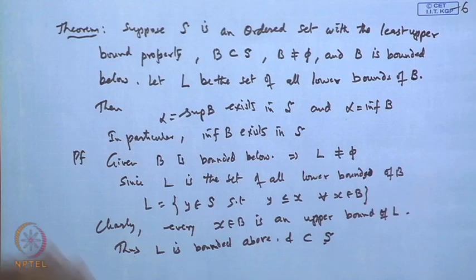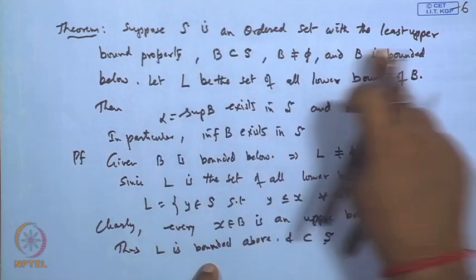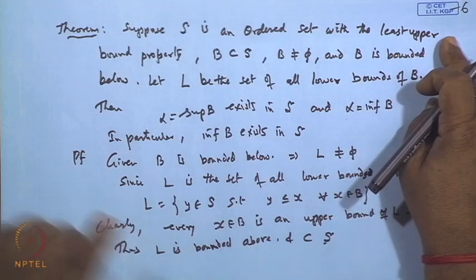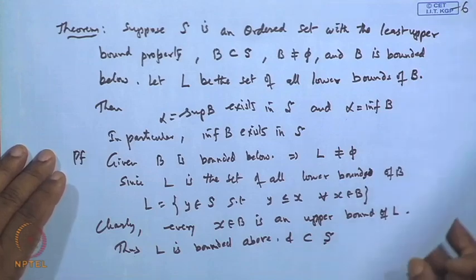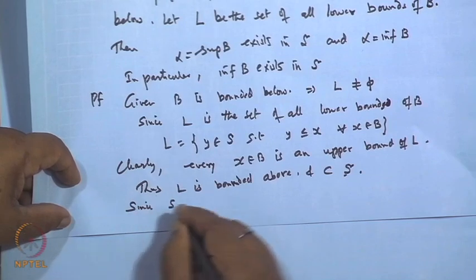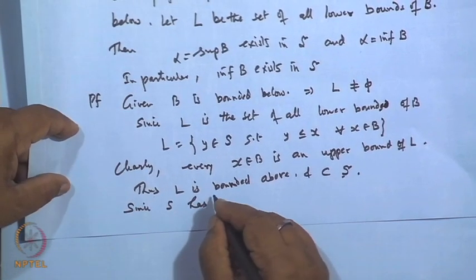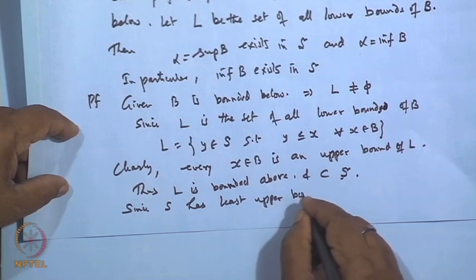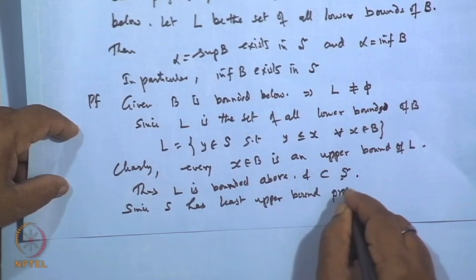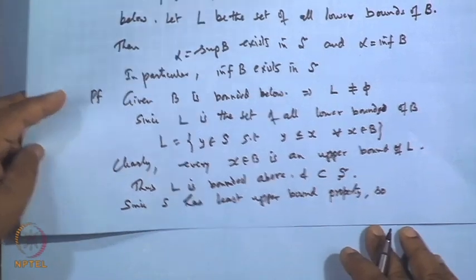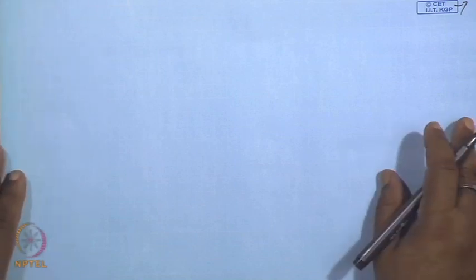S is an ordered set, so we can apply the property because S has the least upper bound property. So, by the property, since S has the least upper bound property, L will have a supremum value.